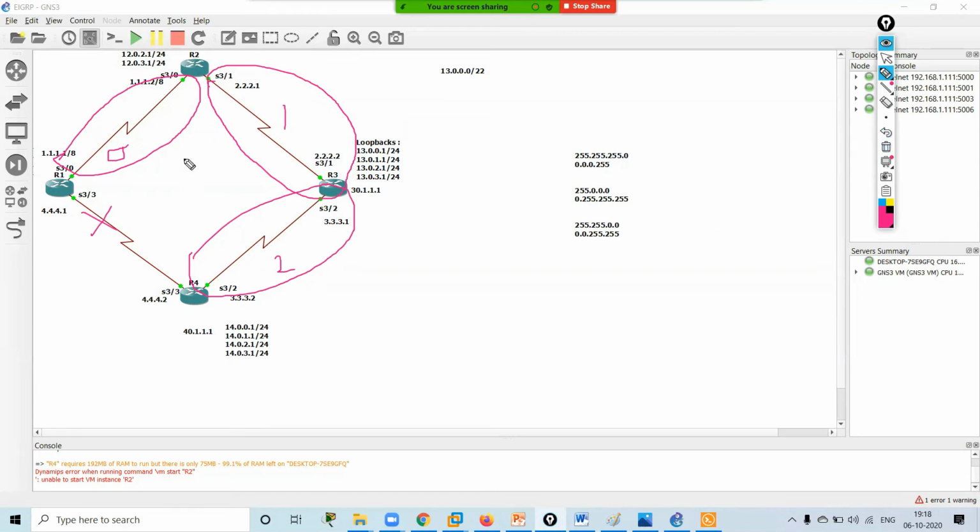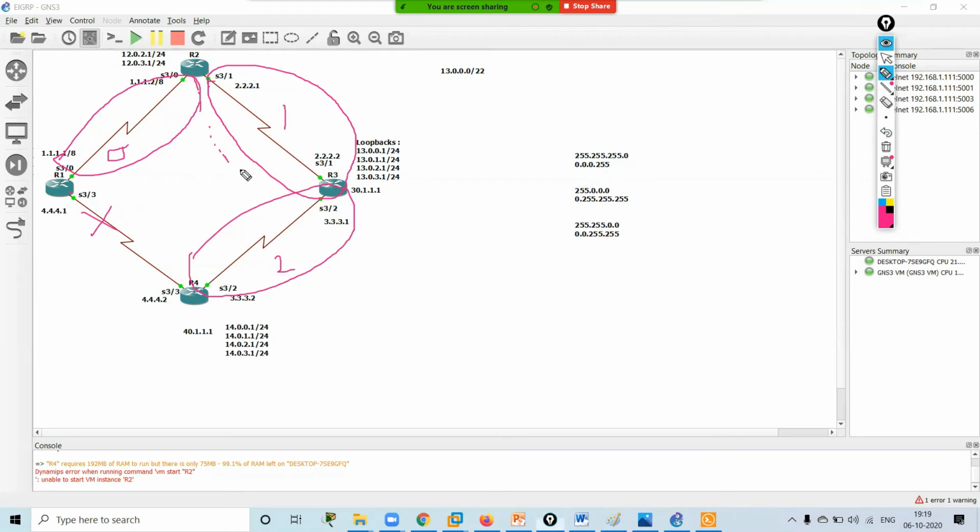Third solution is to create a virtual link. Virtual link in the sense, between two routers over here, I'll create a virtual link. Not in this way, sorry. In this situation, these two will be the area border routers.